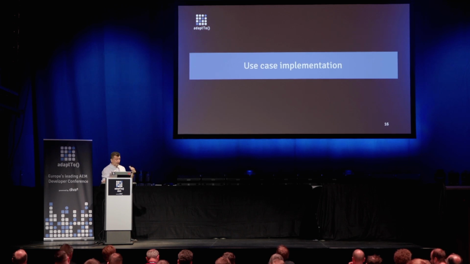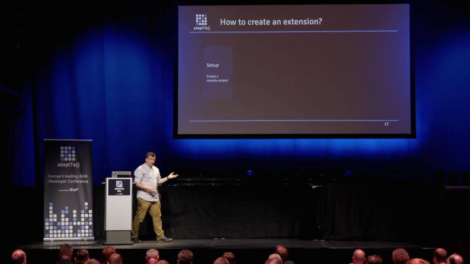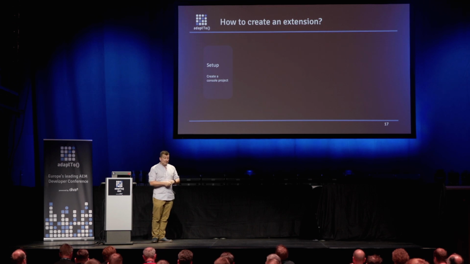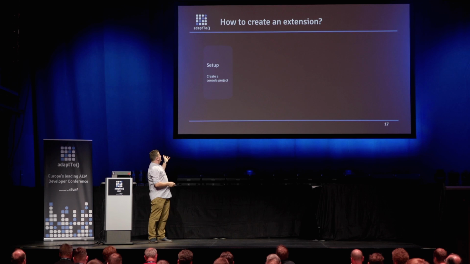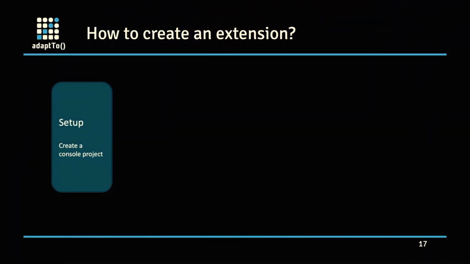So let's start a bit about how we would go along to create this extension. The first thing you need to do, create an extension if you have an AppBuilder enabled organization, which we will talk about after how you can get that, is you go in the console, so developer.adobe.com, and you create a console project, which is with an AppBuilder template.